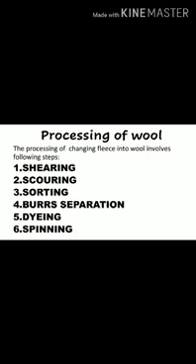First, shearing, second, scouring, third, sorting, fourth, burr separation, fifth, dyeing, sixth, spinning. So these 6 steps are used step by step to take the soft fibers out of the fleece that is obtained from the skin of the wool yielding animals.